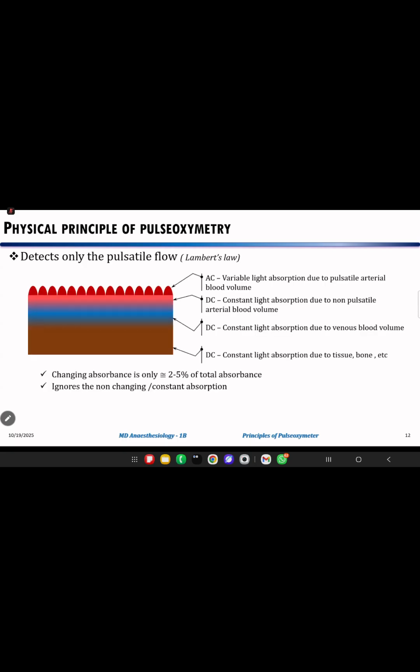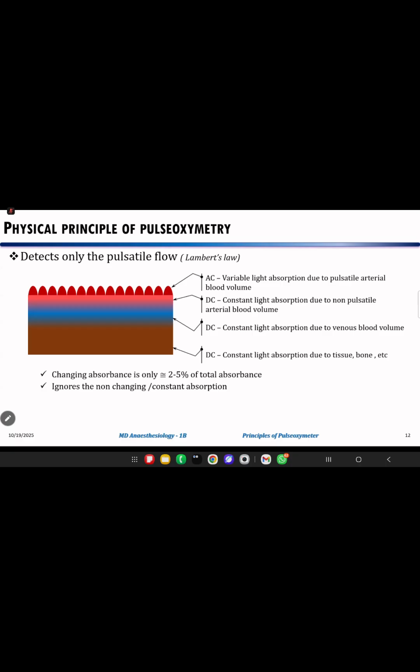So it's like this. In the picture at the top, you will see the changing, variable light absorption due to the pulsatile arterial blood volume. It is called the AC signal. The DC signal comprises the constant light absorption due to the non-pulsatile arterial blood volume, the constant light absorption due to the venous blood volume, and the constant light absorption due to the other tissues.